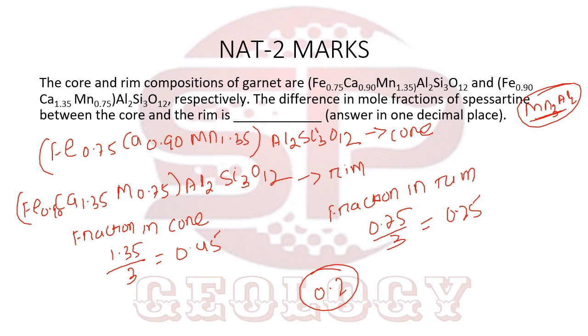So the core fraction will be 0.45 and the rim fraction will be 0.25. The difference will be 0.2.